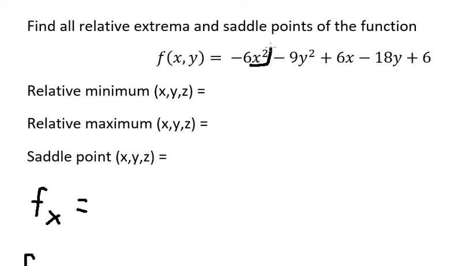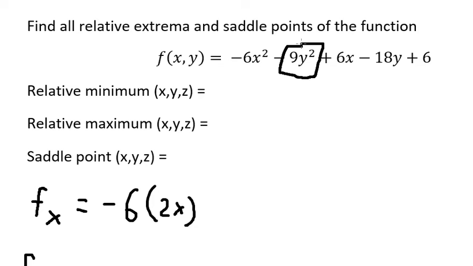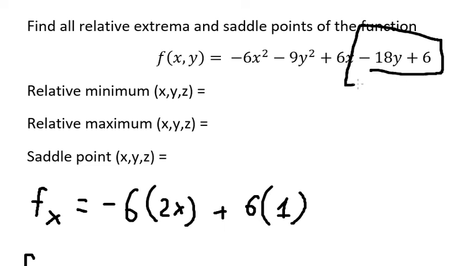So for this one, we will have 2x. This one, you get 0 because we don't have x. Next, this one we have number 1. So after we do the first derivative, this one we don't have x, so you get 0.